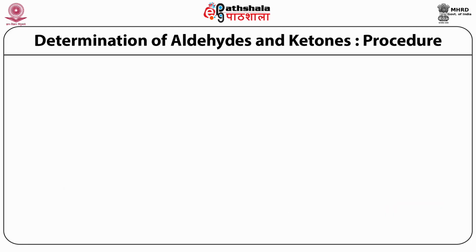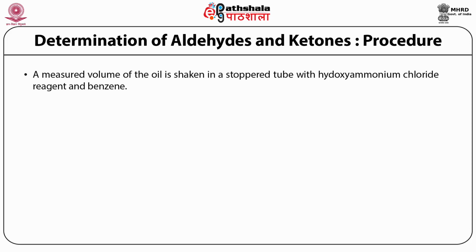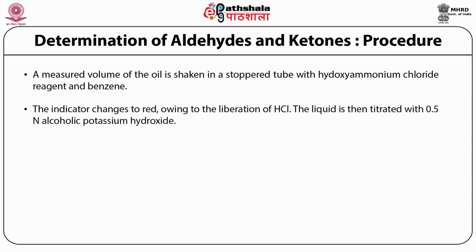The procedure for the determination of aldehydes goes like this. A measured volume of oil is taken and it is shaken in a stoppered tube with the hydroxylammonium chloride reagent and benzene. The indicator changes its color to red owing to the liberation of HCl. The liquid is then titrated with 0.5 normal alcoholic potassium hydroxide.